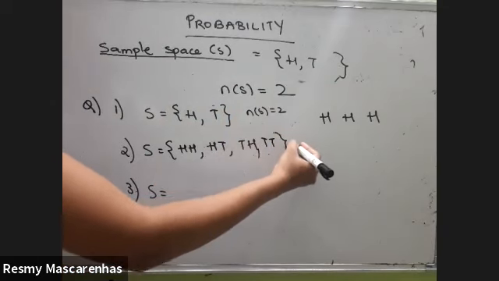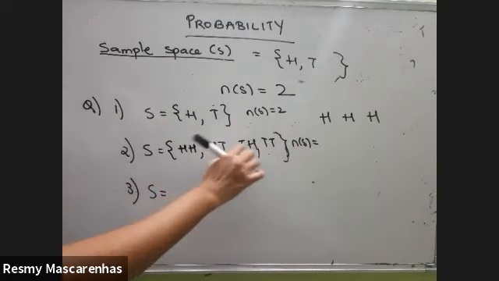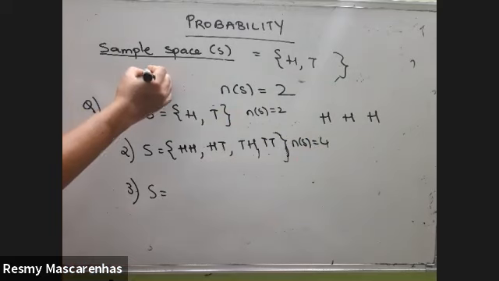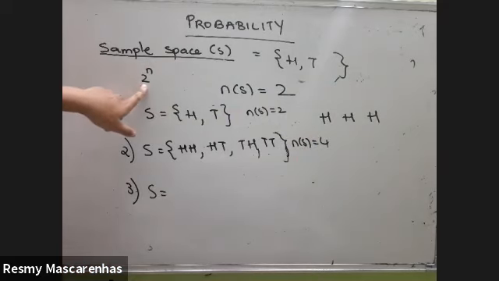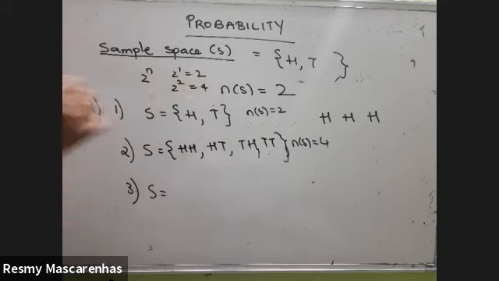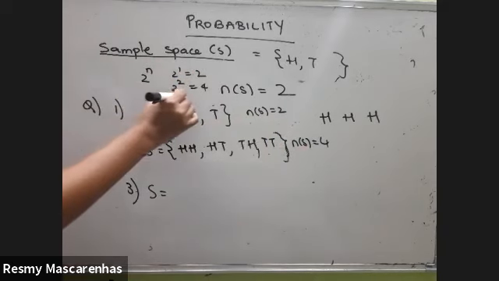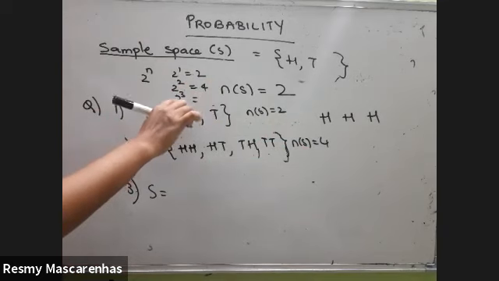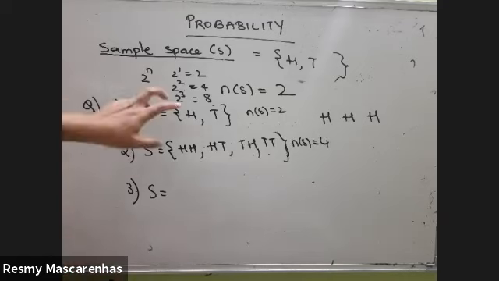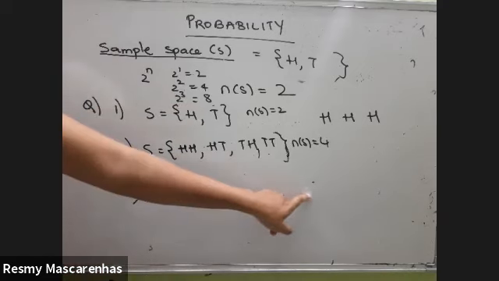With 2 coins you get 4 elements, and with 3 coins you will always get 8 elements, because it is the 2 raised to n formula, if you want to remember. 1 coin means 2 raised to 1 is 2. 2 coins give 4 outcomes. 3 coins: 2 raised to 3 is not 6, it is 8, that is 2 into 2 into 2. So you know you need 8 possibilities here.